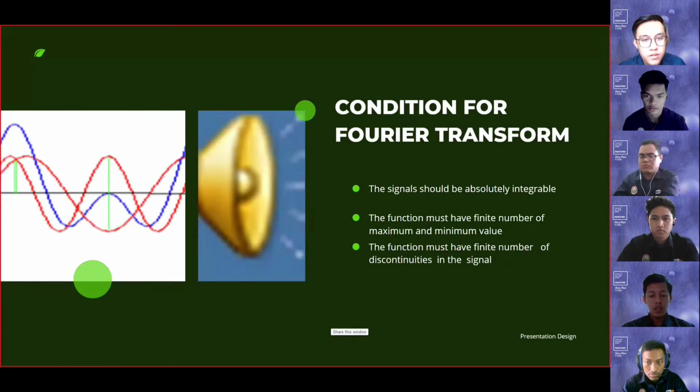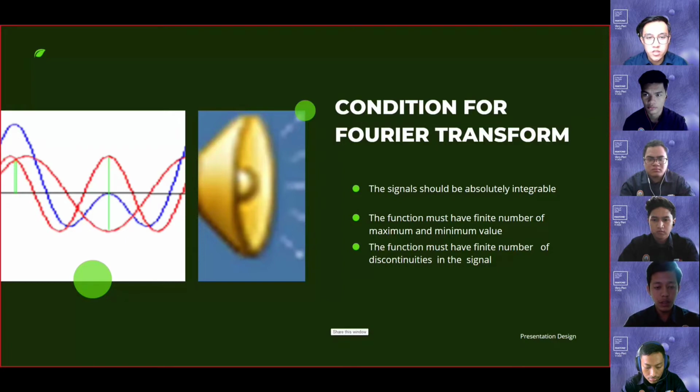Assalamualaikum warahmatullahi wabarakatuh. My name is Muhammad Lutfi Rabi Rahman. Thank you to Mazik for explaining what is Fourier transform. Before we proceed, there are a few things we need to know. Before we use the formula or the theory, we need to understand the conditions.